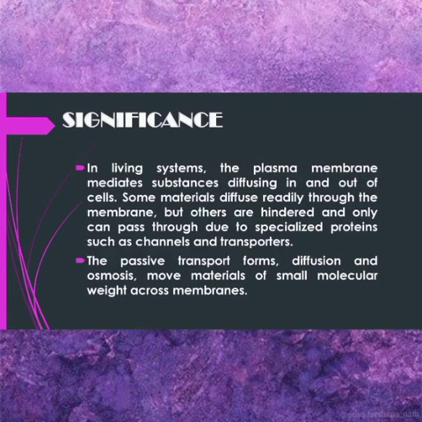Last, the significance of passive transport. In living systems, the plasma membrane mediates substances diffusing in and out of cells. Some materials diffuse readily through the membrane, but others are hindered and can only pass through due to specialized proteins such as channels and transporters.